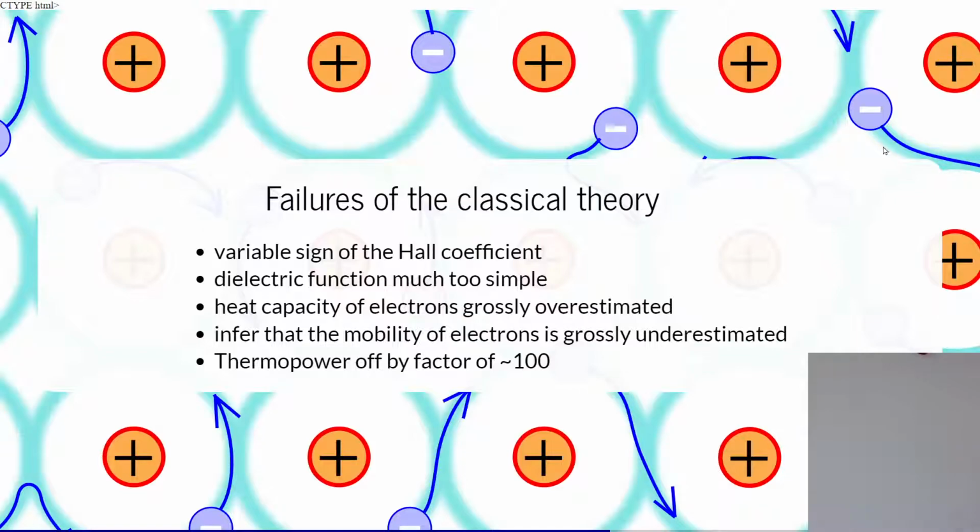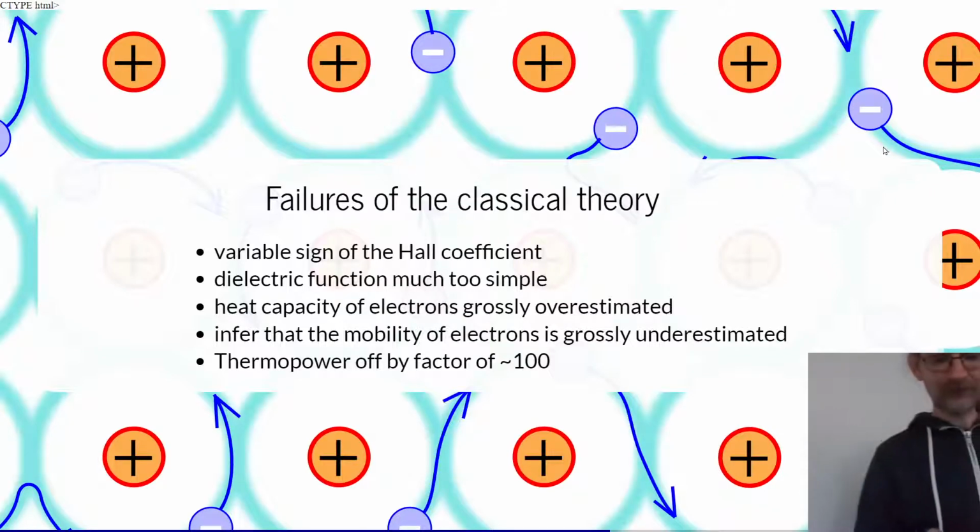But the ones that are there are travelling way faster than we would expect, classically. And this thermal power measurement, this ratio of the electric current to the heat current, is off by a factor of 100, which is back to the point that the amount of heat capacity of these electrons is off by a large amount.